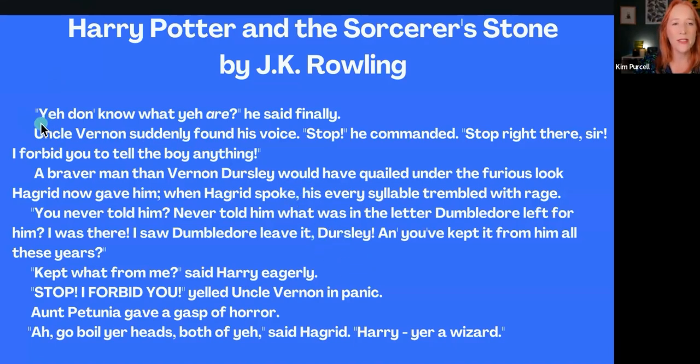Okay, so let's look at this really quickly. I want you to notice the y's as part of the dialect, and the way he talks makes us really love Hagrid. He's kind, he's down to earth, and he's very direct. Uncle Vernon is direct in a different way. Do you notice how he says "sir" and "I forbid you"? Now, this is pretty strange for a man to say to a man. It shows he has a sense of his own power.